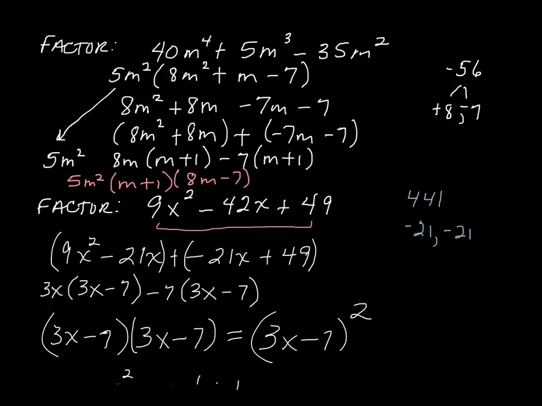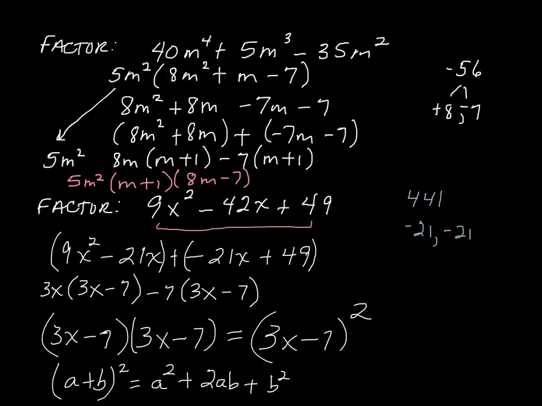If you have a binomial squared, like a plus b, and you square it, you get a squared plus 2ab plus b squared. Well, that's what this original expression is. It is a perfect square trinomial.